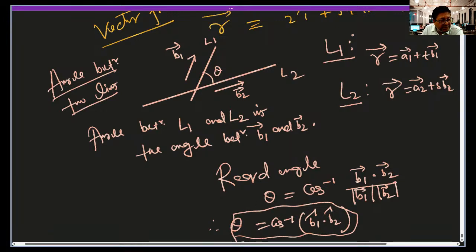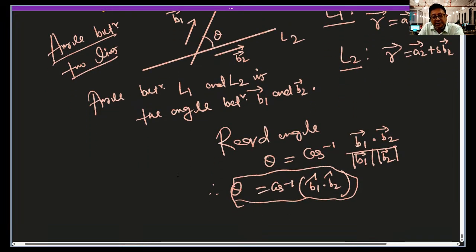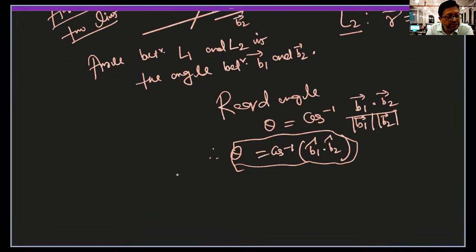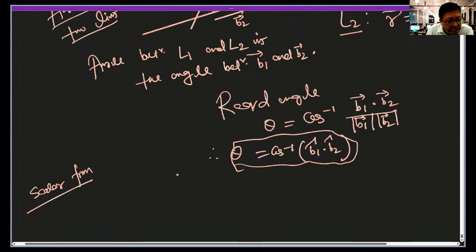Sometimes it helps, that's why I've written it: cos inverse of b1 cap dot b2 cap. Now you will write the expression in terms of scalar form. I'll wait for your response.